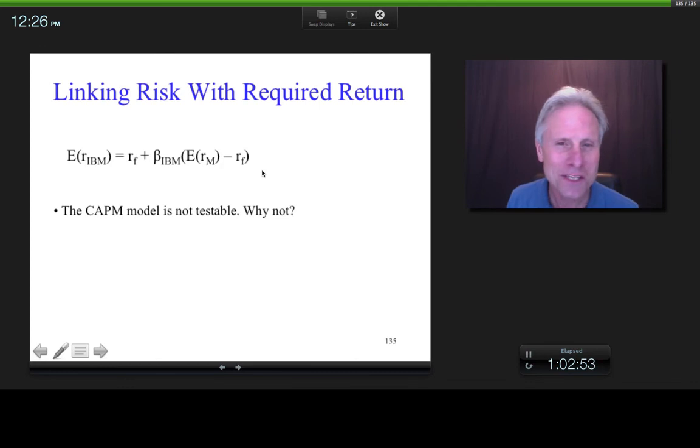And so the reason this model is not testable is because somebody could go out and get the data and say, you see, it works. But then you could say, well, how do you know? Because you don't have something that perfectly replicates what the beta should be, or what the market risk premium is.